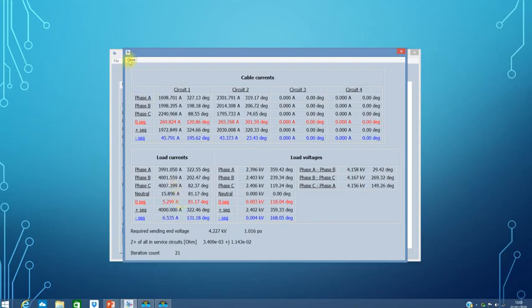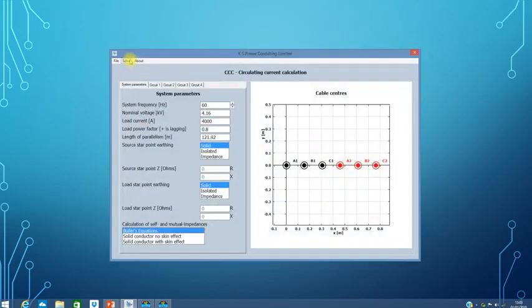Now we can eliminate this by specifying that the load star point is isolated, and this is quite reasonable. Normally we would expect a delta connection on the transformers which are supplying our downstream load, and of course those transformers would block the zero sequence component of current.